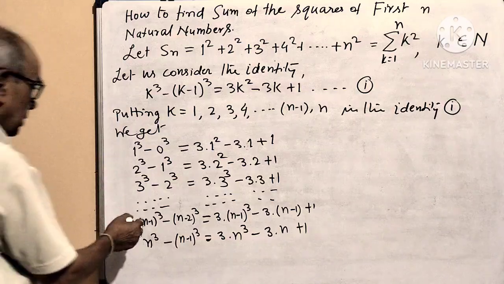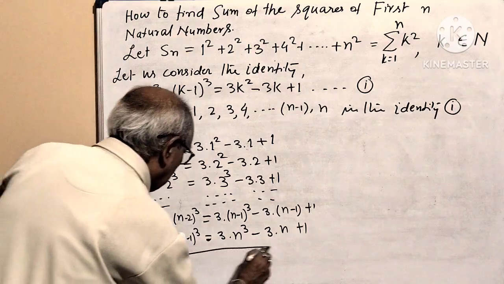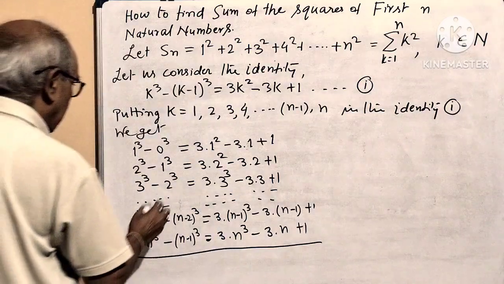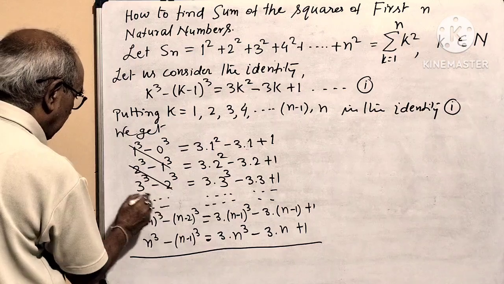Now let us add column wise. By adding, we get this will be cancelled out.